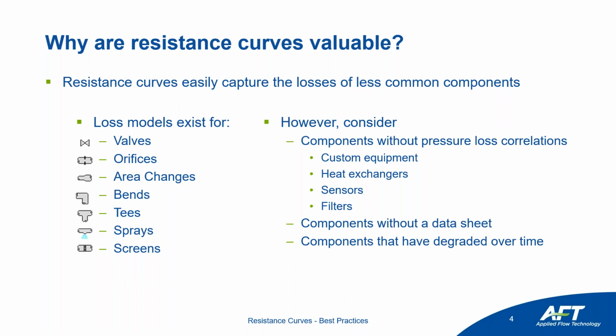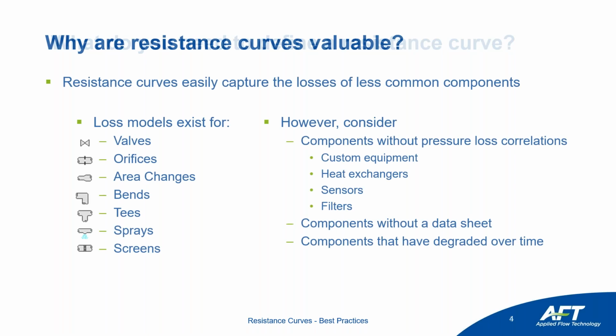So the better agreement we can get between our model and our system, the better our recommendations will be once we start modifying that system, and again, gives us better certainty. A common concept we come back to is garbage in equals garbage out. Resistance curves are just another way that we can reduce the amount of uncertainty going into the input of our model to better trust our output results.